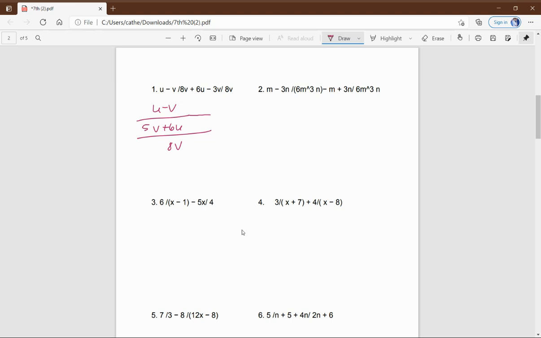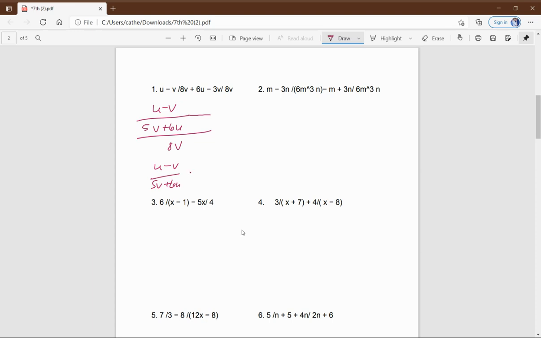Let's see. I'm assuming that we need to simplify. It has to be simplifying because there's something else. Okay. u minus b over 5b plus 6u.